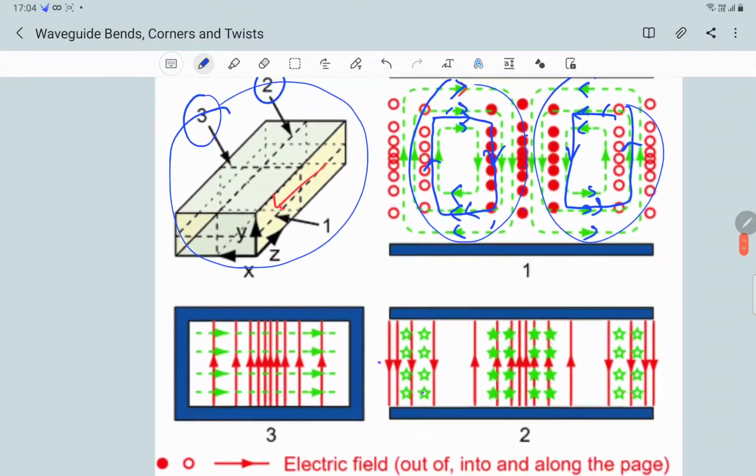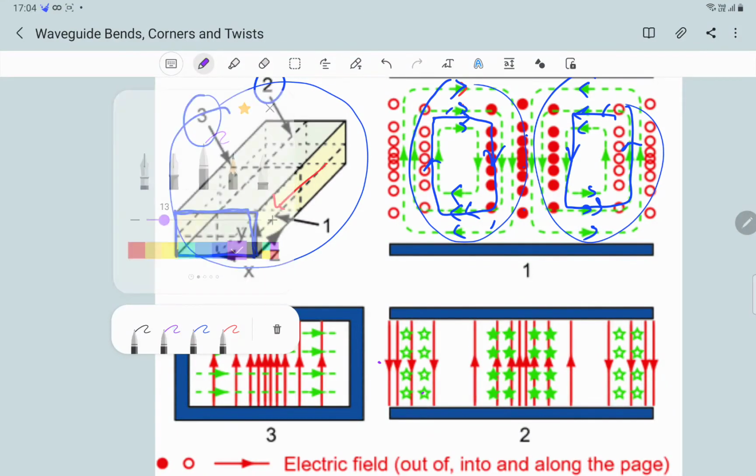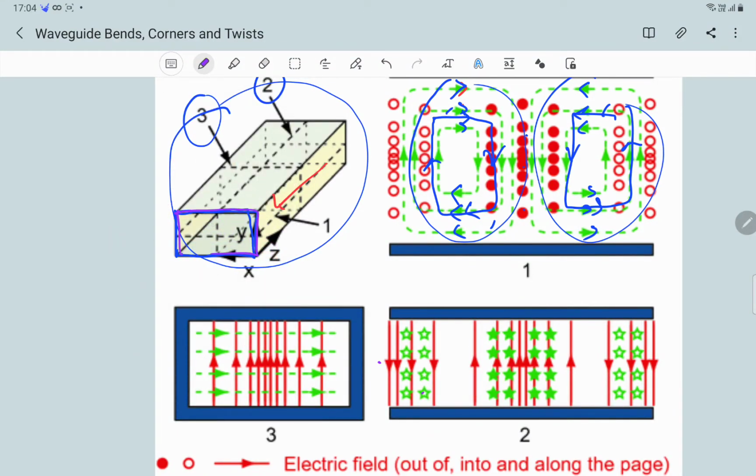Now, so far as this cross section is concerned, the electric field, as I said, would be something like this: maximum at the center and minimum towards the ends for a general TE10 mode. Figure 3 shows the cross-sectional view of the electric field with maximum at the center and minimum towards the ends.